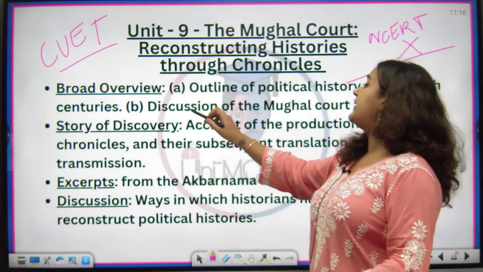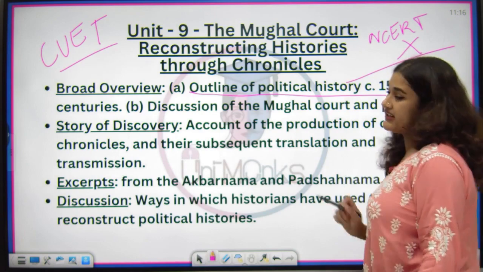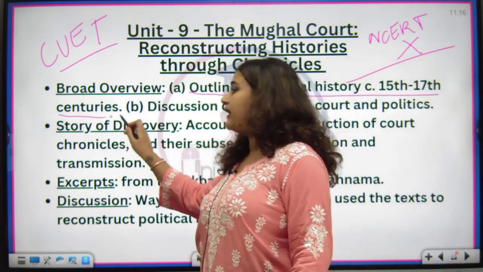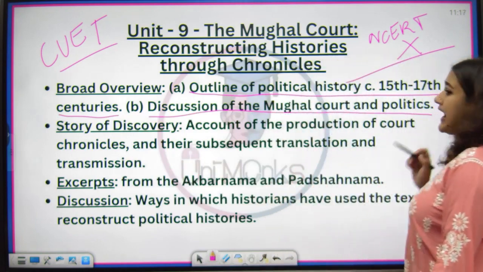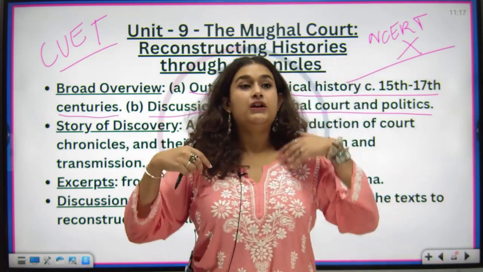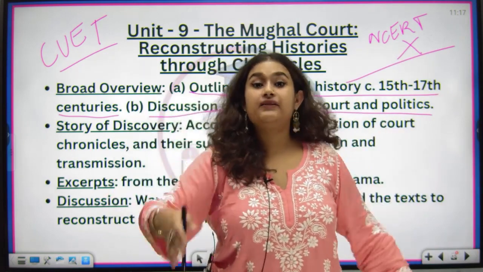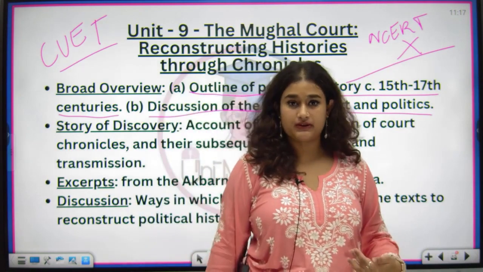Number 1, an outline of the political history circa 15th to 17th centuries, which will be understood through these sources. Number 2, a discussion of the Mughal court and its politics. These books were written because the rulers themselves told their poets, court historians, and writers to write these books about themselves.